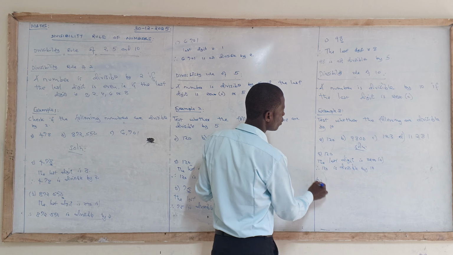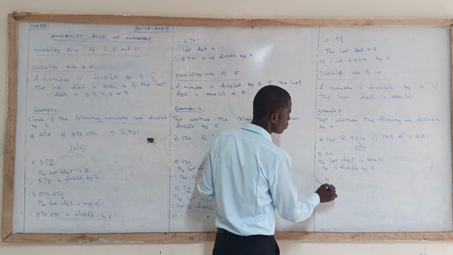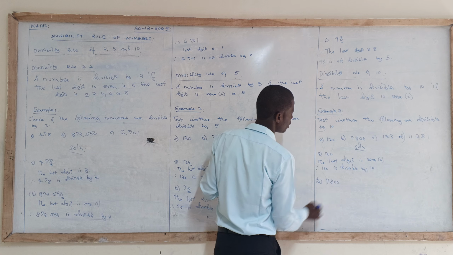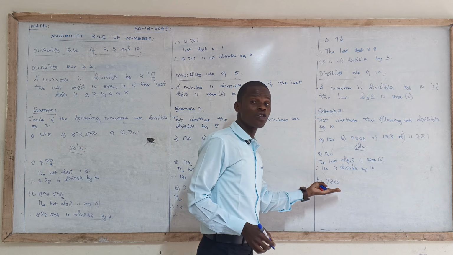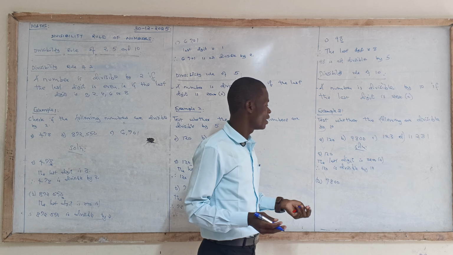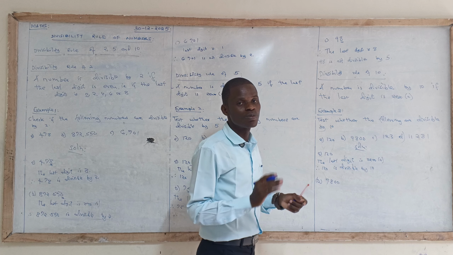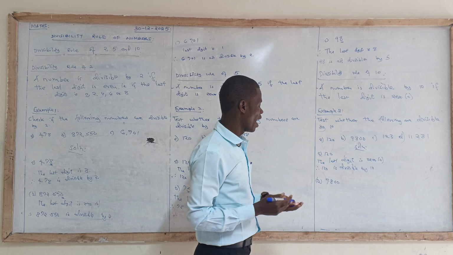Then B, what do you have? 9,800. No matter how long the number is, or how big it looks, we just move to the last digit. It will tell us the answer.